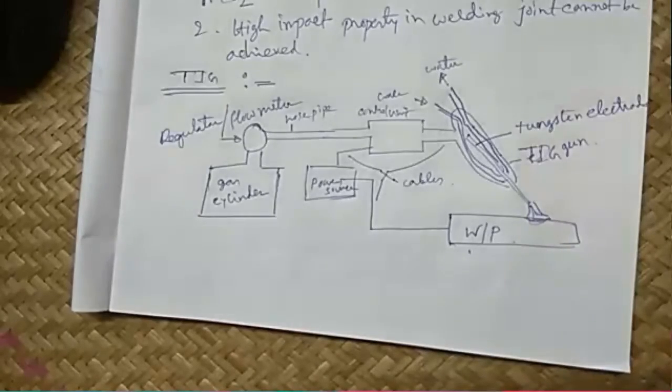Now, the electric arc is struck between the non-consumable tungsten electrode and the workpiece, either by touching with scrap metal or the workpiece, or the arc is started by high frequency pulsed current.